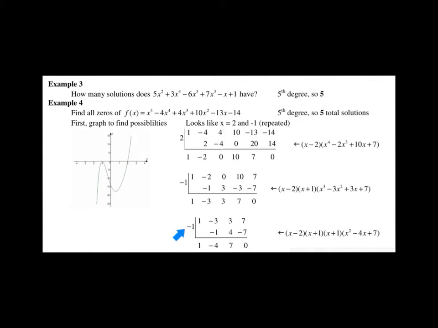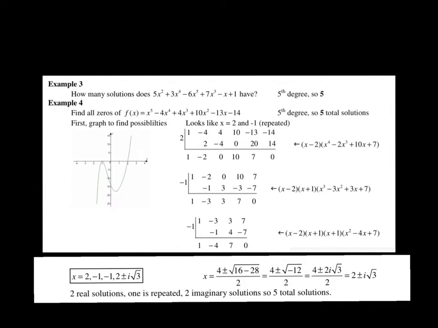So I'm going to synthetically divide by -1 again, come down to a quadratic. When I come down to this quadratic, I now have factored the 2, the -1, the -1 again, so that would have a multiplicity of 2, and I have this quadratic left.